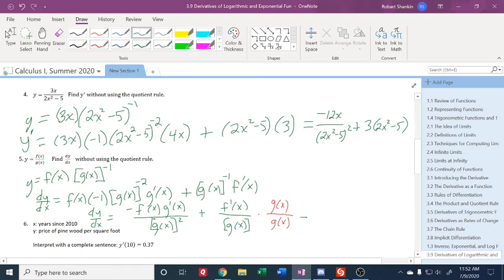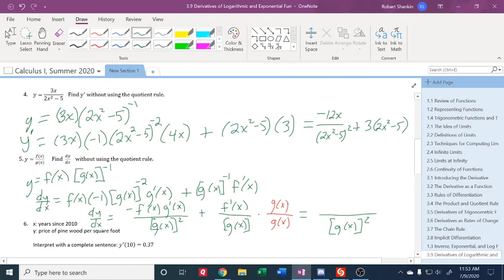So then we're going to be getting g of x squared.